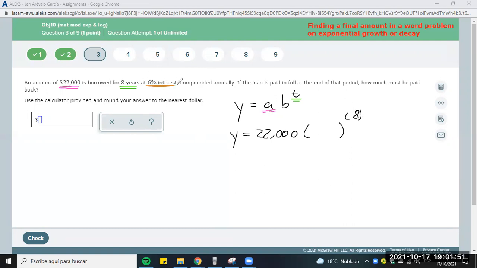That means that each year they are going to add 6% of the initial amount to the amount you borrowed, right? So this is what we call r. This is the rate. That is what r stands for, the rate of change. And this is a growth rate.